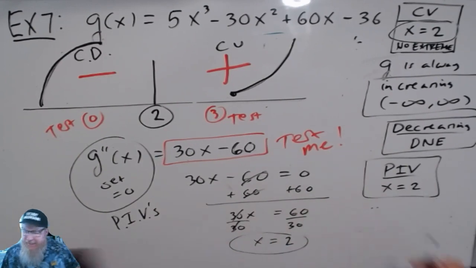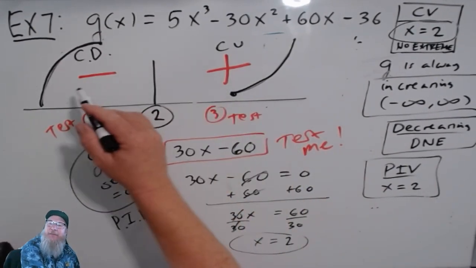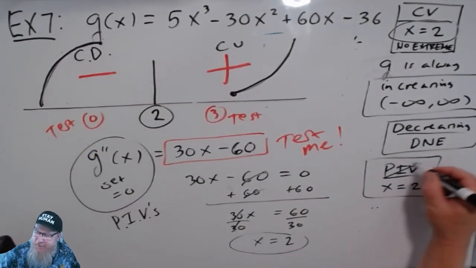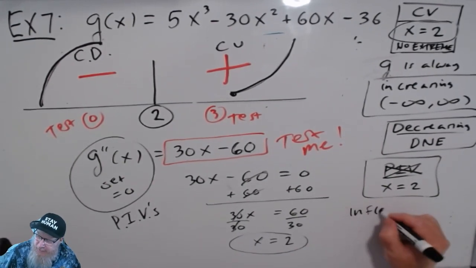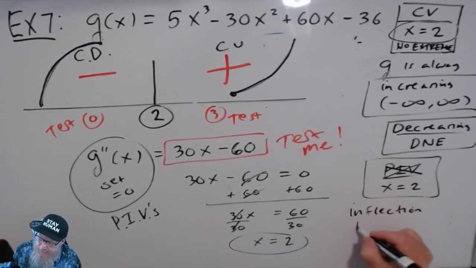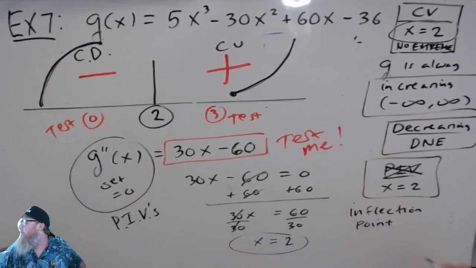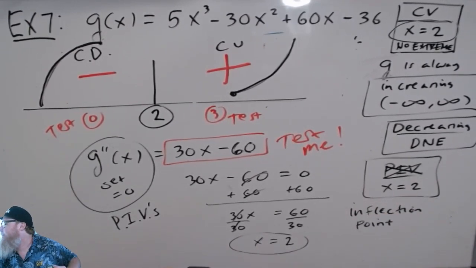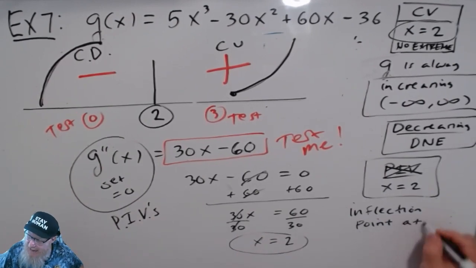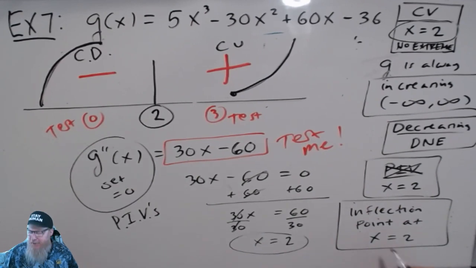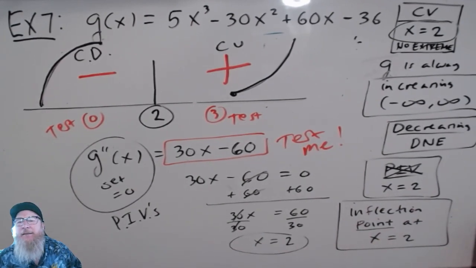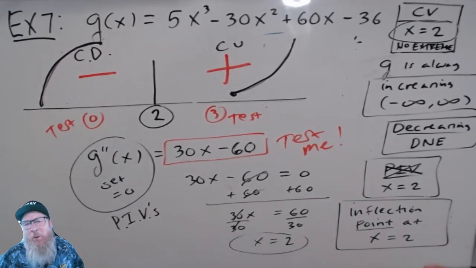All right, since it changed concavity from negative to positive, this is no longer a possible inflection value. This is now called an inflection point at x equals 2. And I do use the word point loosely. Again, technically it's not a point yet.